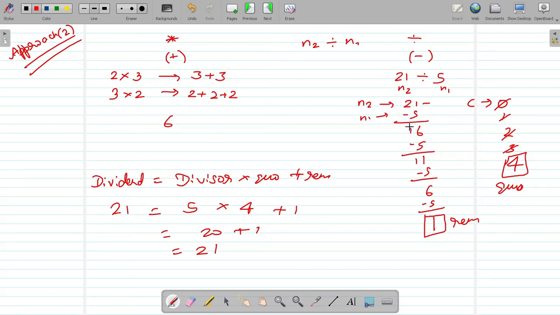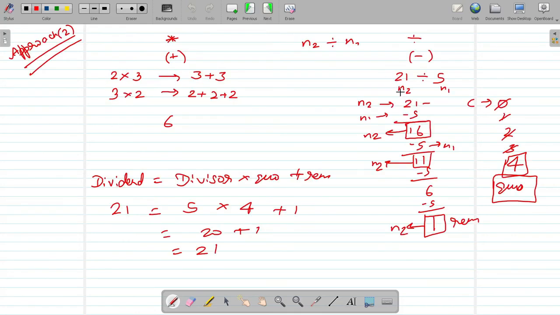So whatever the result is after subtraction, we will overwrite it on n2. This is still n1. The result of subtraction will again go to n2. So after all the subtraction has been done, the remainder is smaller than n1. This n2 would directly serve as our remainder, and our counter variable will give us our quotient.